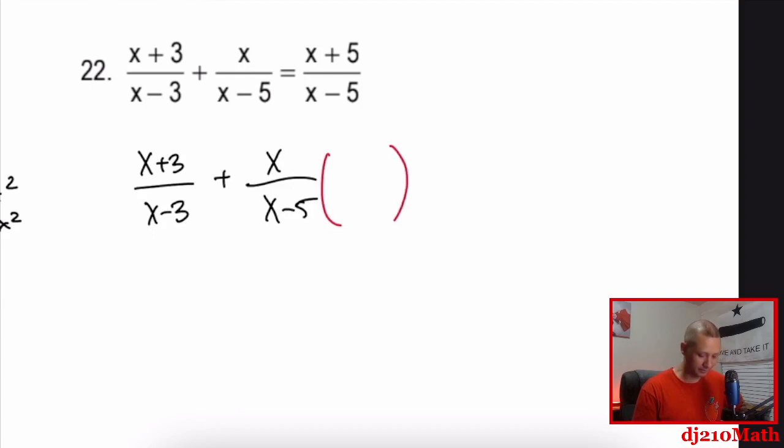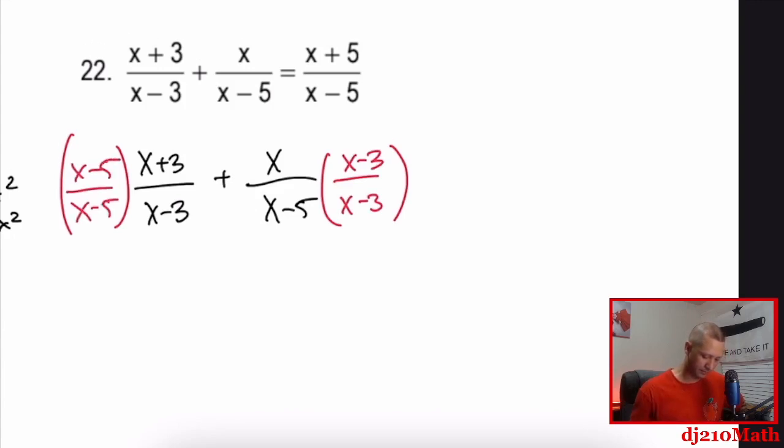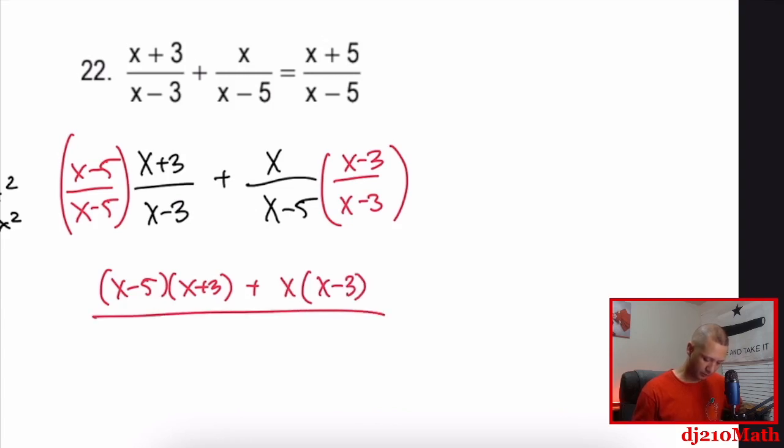Common denominator. Looking at the other denominator, x minus 3, x minus 5. All right, combining, we're going to get x minus 5, x plus 3, x minus 3, all over x minus 5, x minus 3.